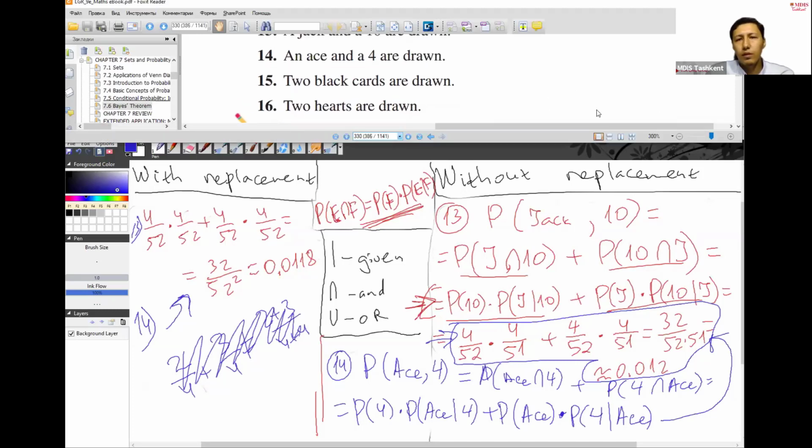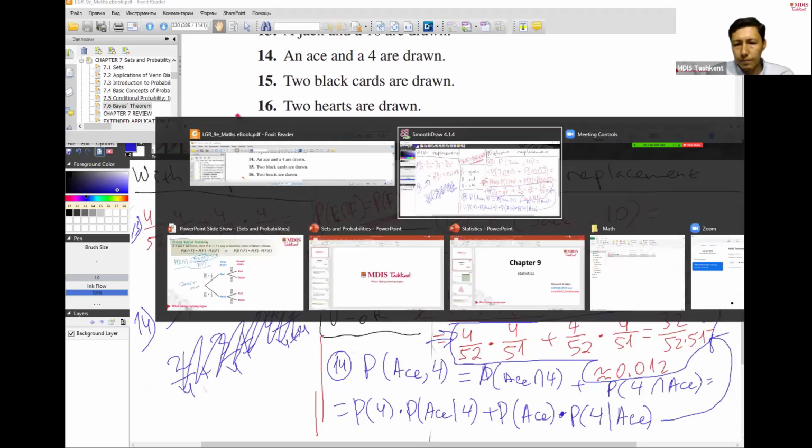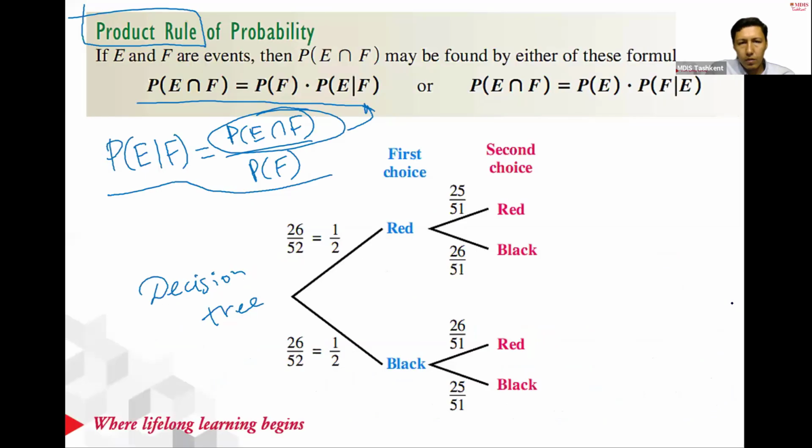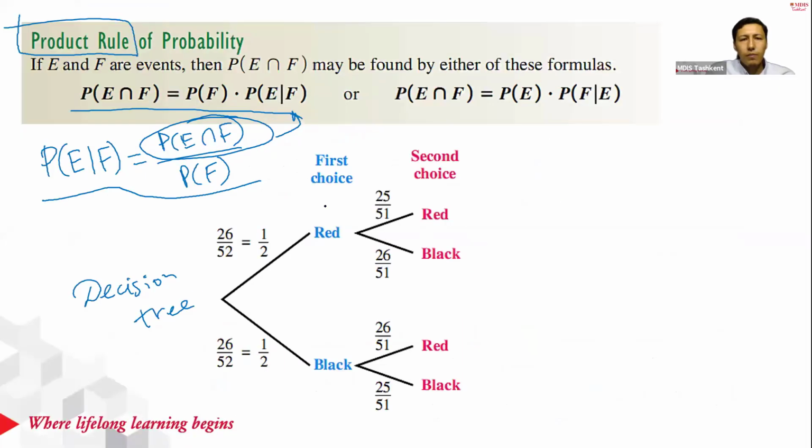Okay, so let's go back to our slide. This is the slide. So for example, probability of choosing red and black. This is first choice, second choice.